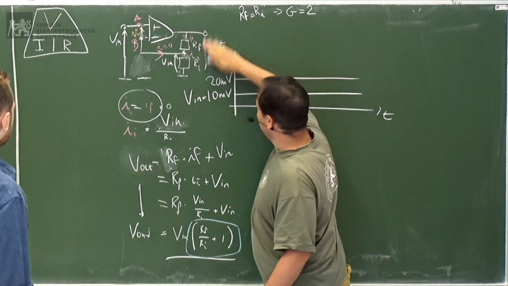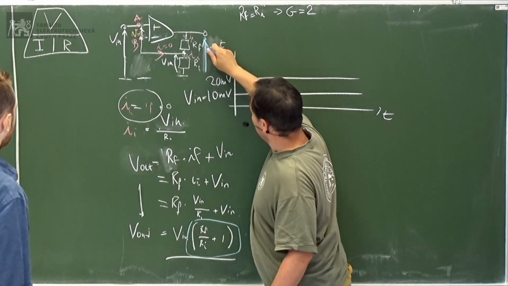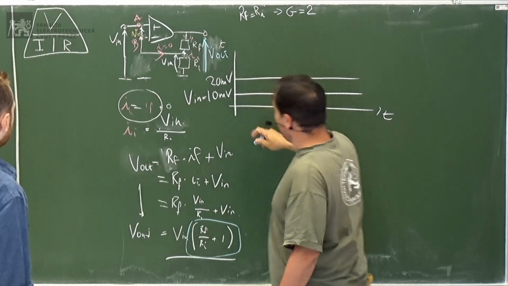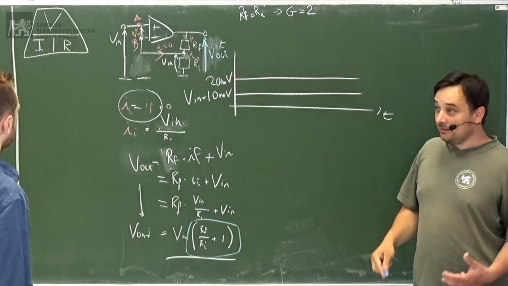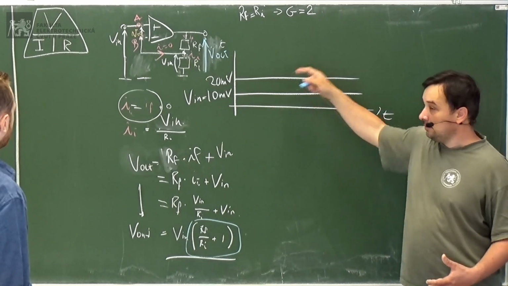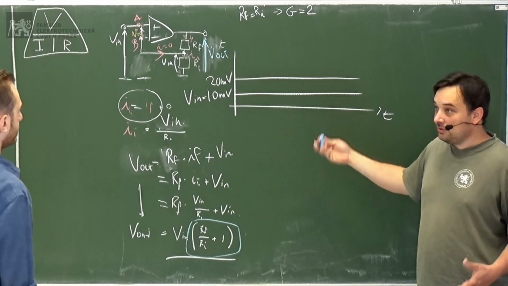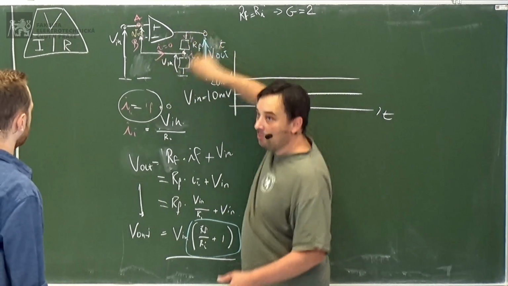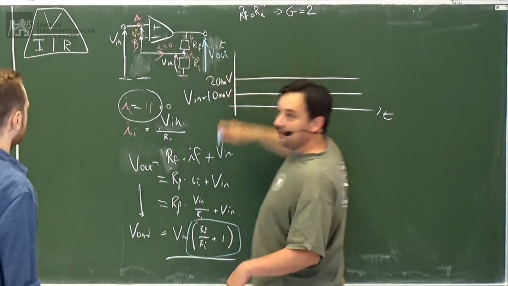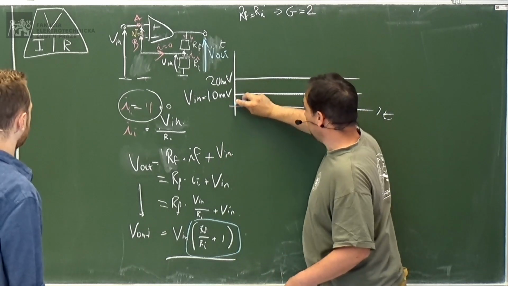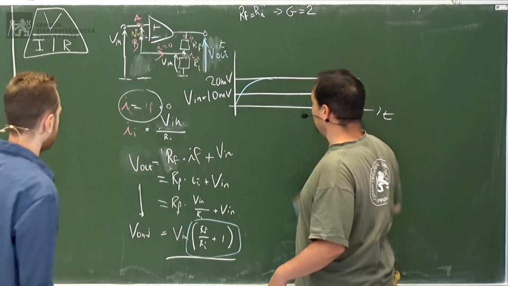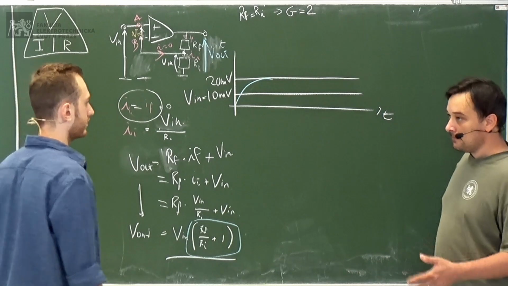So let's say this is V out, but it doesn't go directly to 20 millivolts. There's no step. It has to rotate until it gets to 20 millivolts.